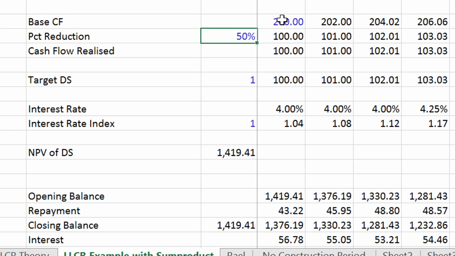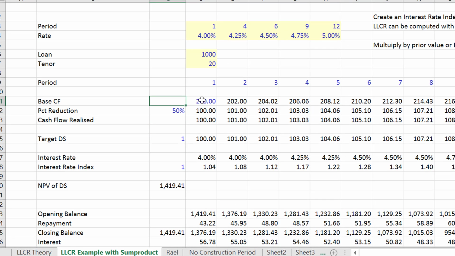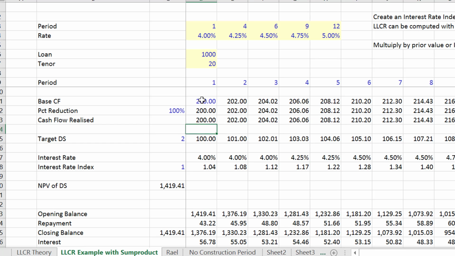Okay, now let's try this. Let's say we don't have a percent reduction, and let's say our target DSCR is 2. So the cash flow realized is just that.